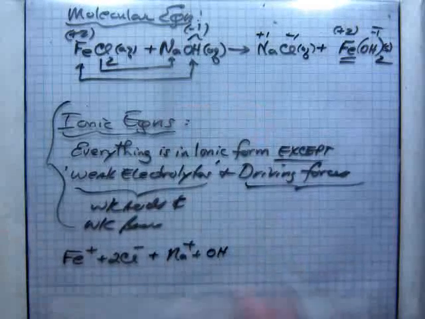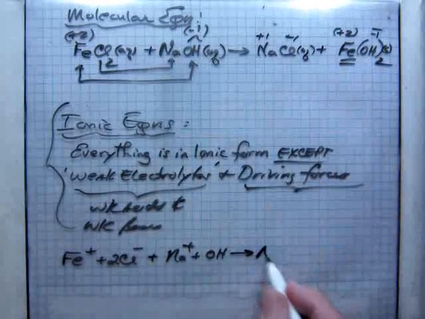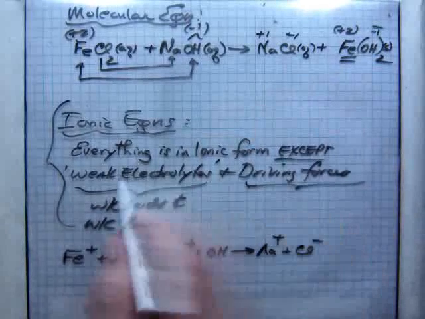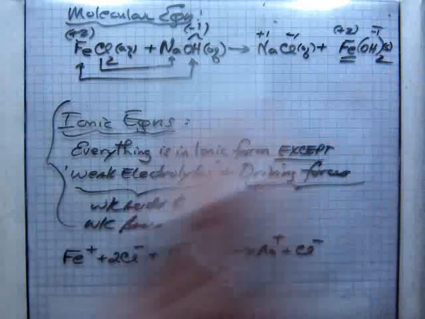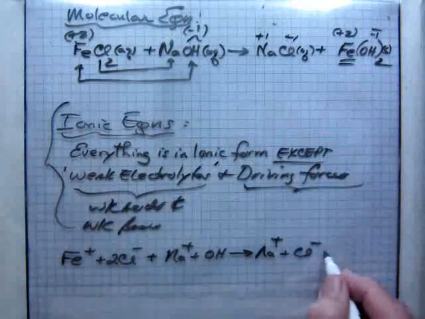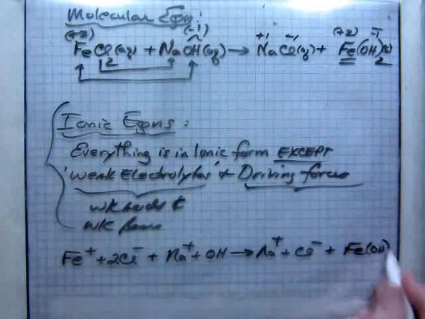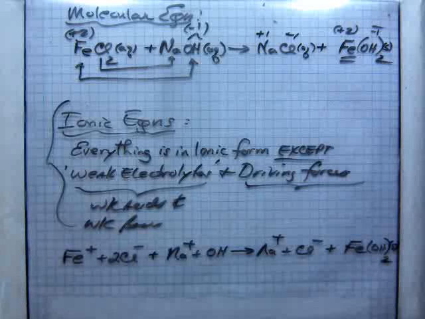They're all aqueous, and then that produces a sodium ion and chloride ion. None of those fit the weak electrolyte or driving force, but the iron hydroxide is a driving force, so we would not show it in ionized form. And we might note that with an S on the end to indicate solid.